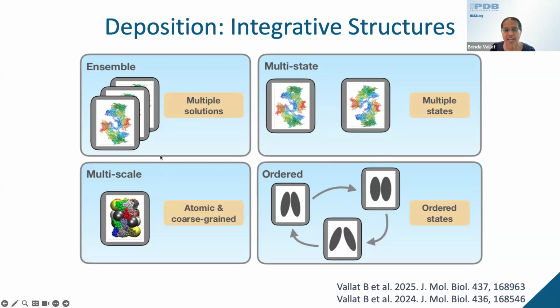In addition, we can have any combination of these four features represented in an integrative model. As recommended by the wwPDB-IHM task force, we have adopted a flexible model representation that can handle multi-scale, multi-state, ordered models, and conformational ensembles, as well as models with heterogeneous composition.